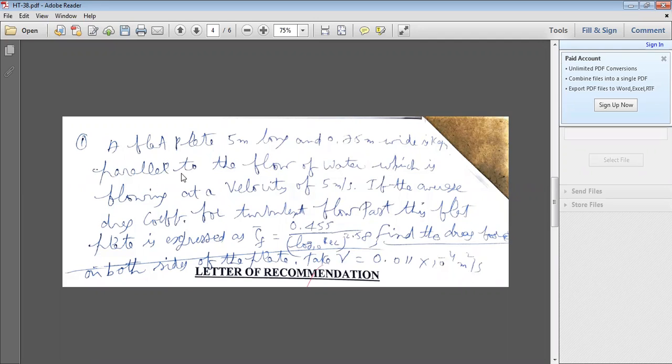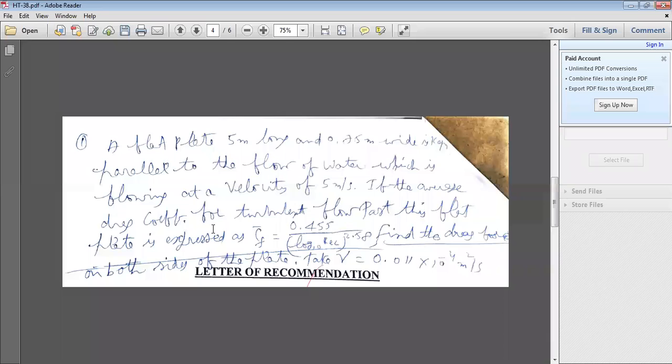So this is the problem. A flat plate of length 5 meters and width 0.75 meters. So L is equal to 5 meters, B is equal to 0.75 meters, and this plate is kept parallel to the flow of water. Water is flowing on the plate at a velocity of 5 meters per second. So U free stream is equal to 5 meters per second.